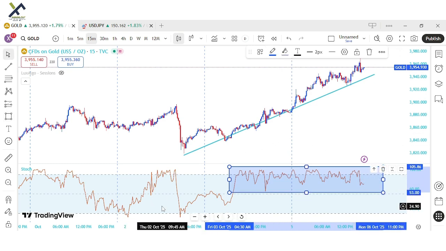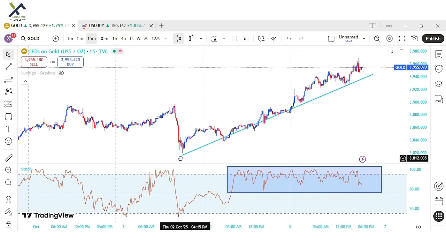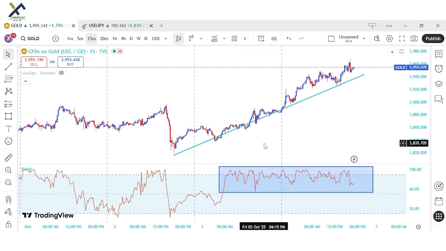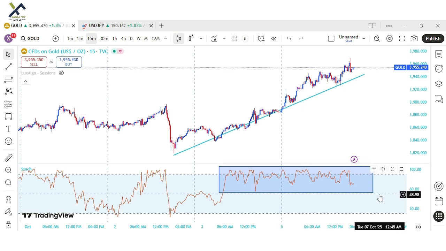That is where the 50% level of the stochastic comes into play. Whenever the stochastic is consolidating above the 50% level, that trend will continue to be in an uptrend, even though the stochastic is consolidating.